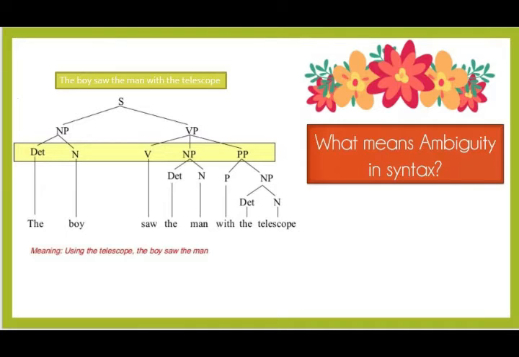Although the prepositional phrase is under the verb phrase, it is not a complement because it is not selected by the verb, and the verb "see" selects a noun phrase only. In this sentence, the prepositional phrase has an adverbial function and modifies the verb.